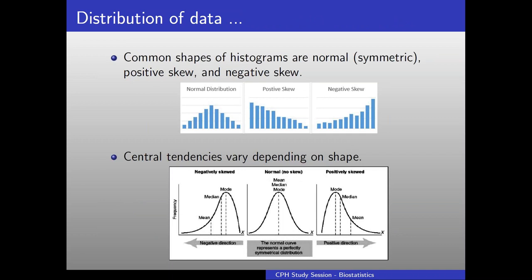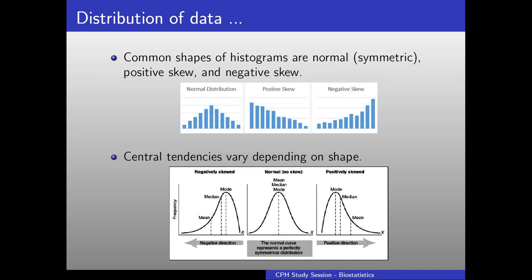Some common concepts that you'll see when you're talking about shapes of data are skewness and symmetry. Symmetric means that a histogram, or the underlying population, has a symmetric shape. This is not the only symmetric shape possible, but it is the most common, where you have this sort of bell-shaped symmetry.